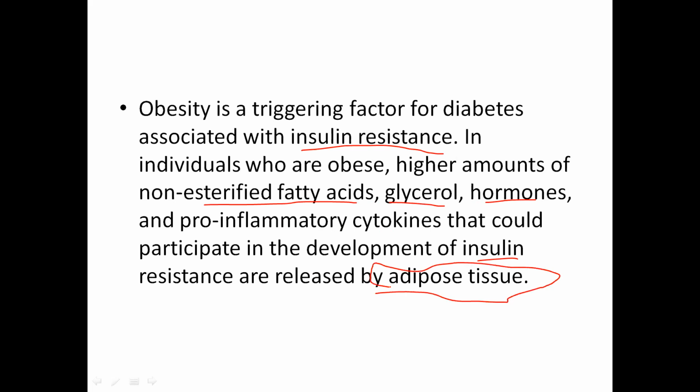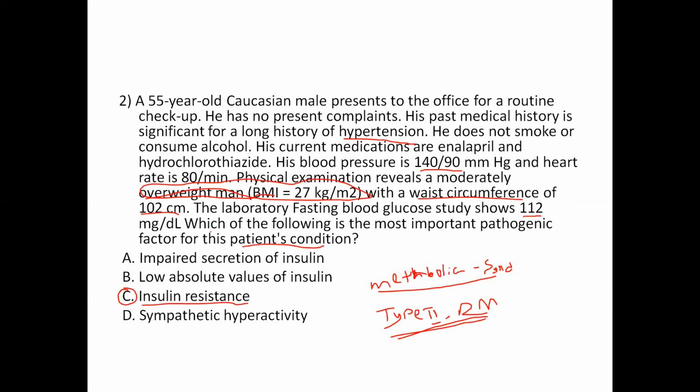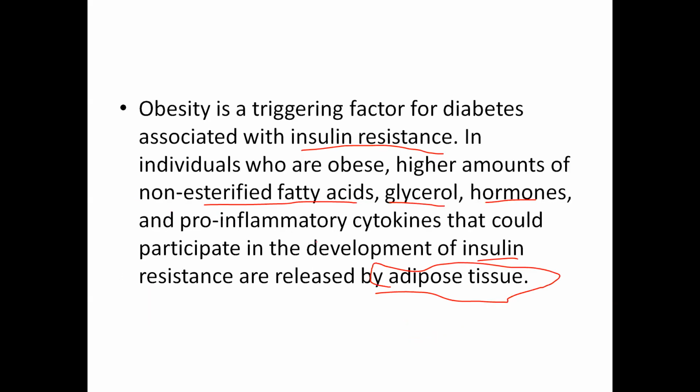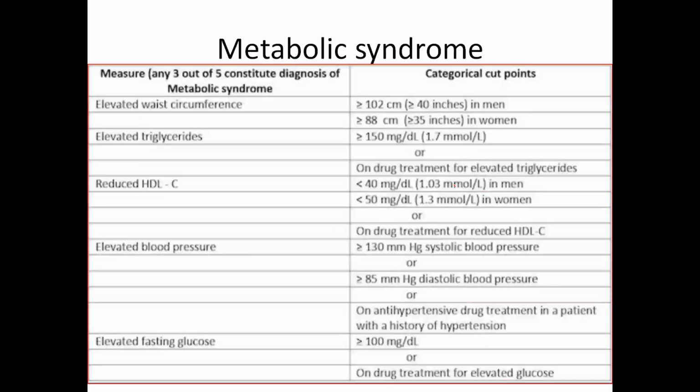This patient with high waist circumference may have central obesity. So with this overweight, the patient has excess adipose tissue, which releases all those factors, and which results in insulin resistance in type 2 DM.